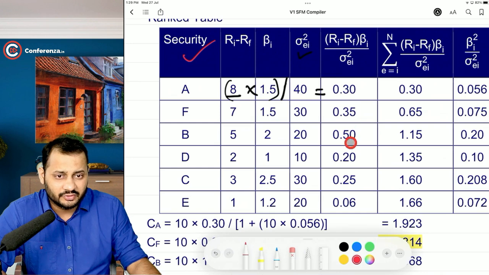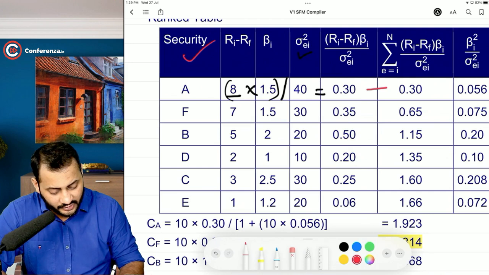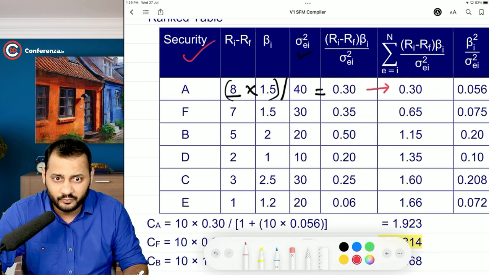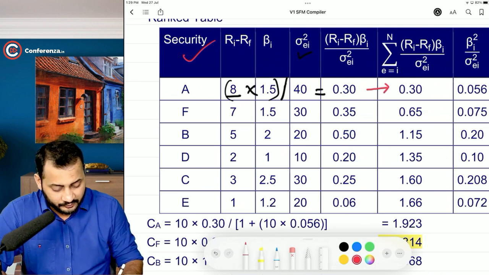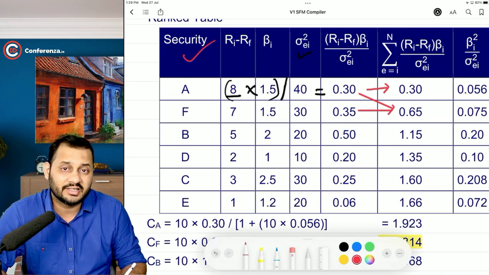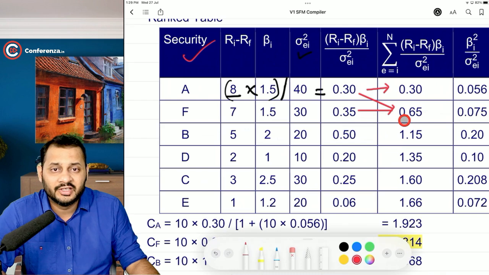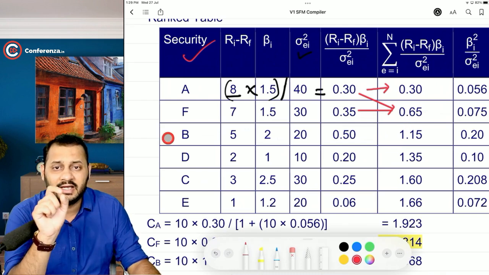So these are the values. Now you are going to do the cumulative of this. So since this is the first value, the cumulative of it will be the same, 0.3. But then 0.3 plus 0.35 will be the answer to the second part. What does that mean? It means this 0.65 includes both the securities A and F.